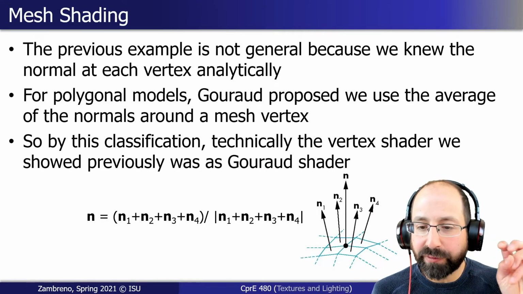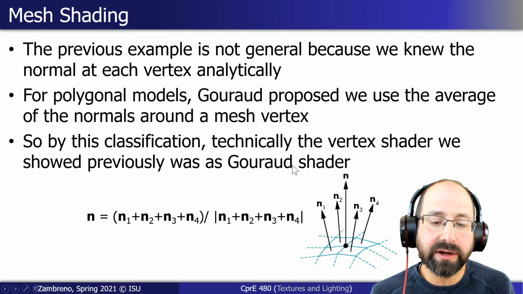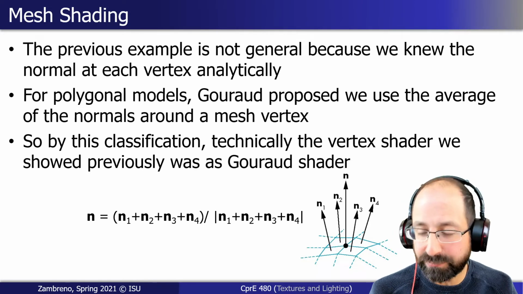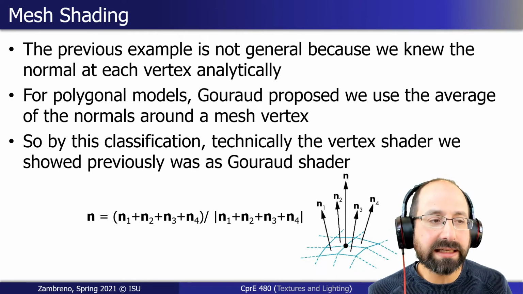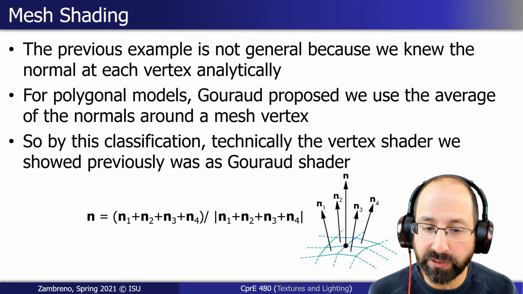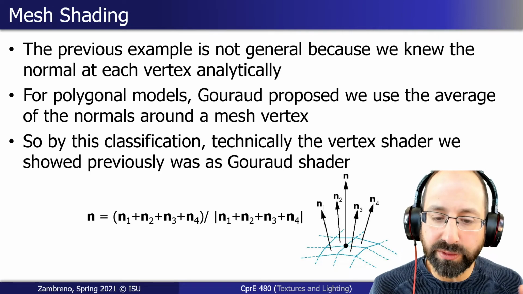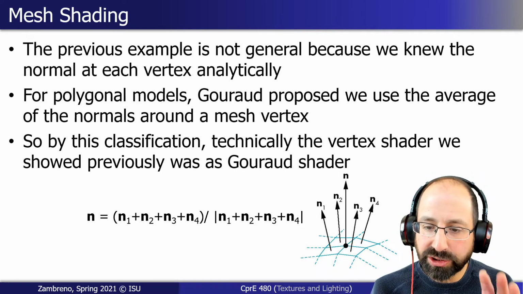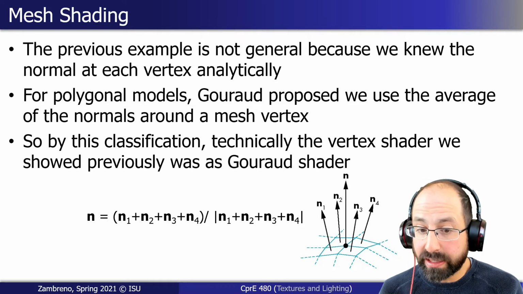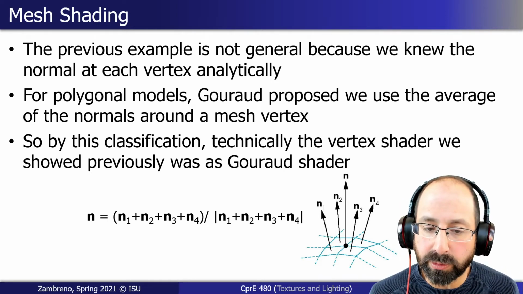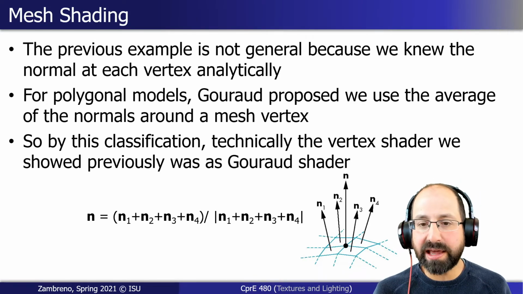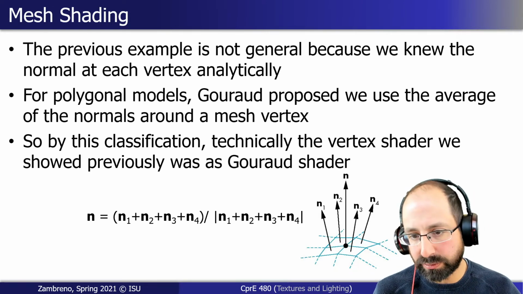The Gouraud innovation or the modification of it is to instead realize that, well, our vertex isn't just there in isolation, and if we're in a mesh, if it's a real three-dimensional object, it's generally not corresponding to just one polygon. It's connected to multiple of those. So if we take a reasonable average of those individual normals, then for the Gouraud shading implementation of the Phong lighting model, we can now calculate a reasonably different surface normal for each of the individual vertices in a given triangle, and that would give us different shades that we could then rasterize and interpolate across the individual triangle.